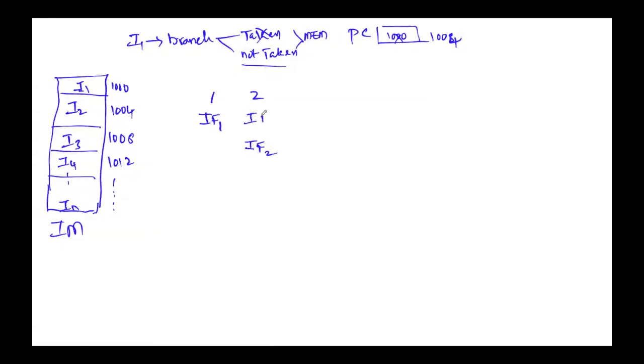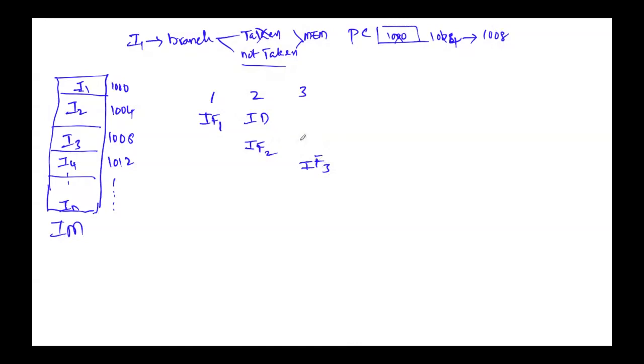As the second instruction is fetched, the program counter automatically increases to 108, the next address. In the third cycle, the third instruction is fetched as per the program counter.